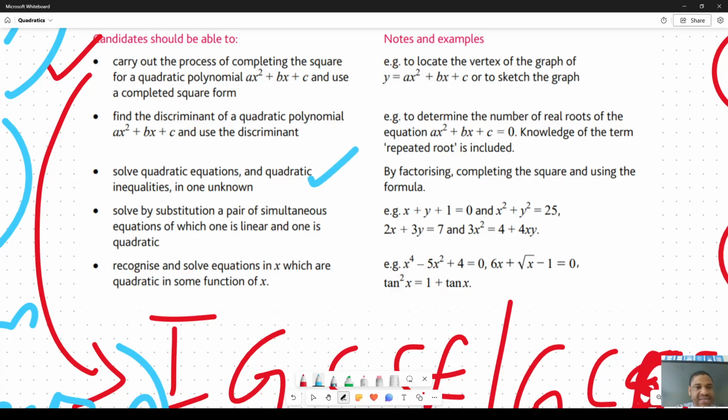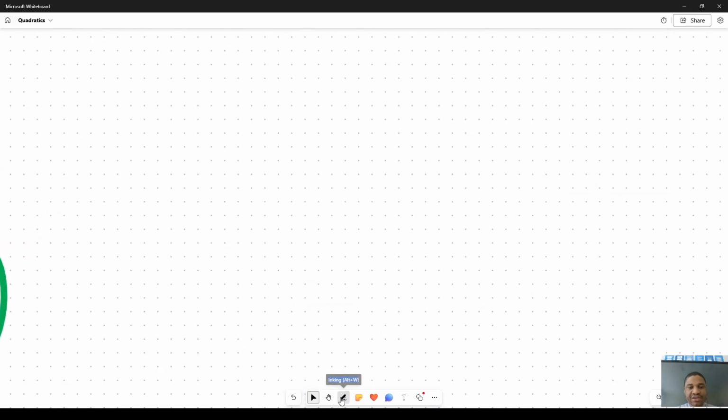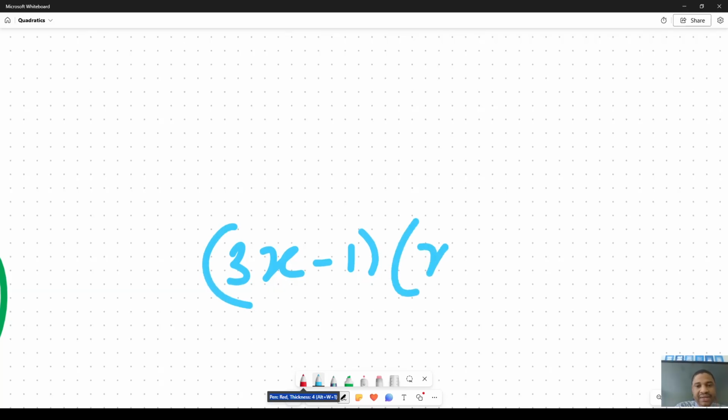Okay. Now let me see how we can solve quadratic by factorization. Let's say I have, let me see if I can give one to factorize, I want to go backward, 3x minus 1 and x plus 6.